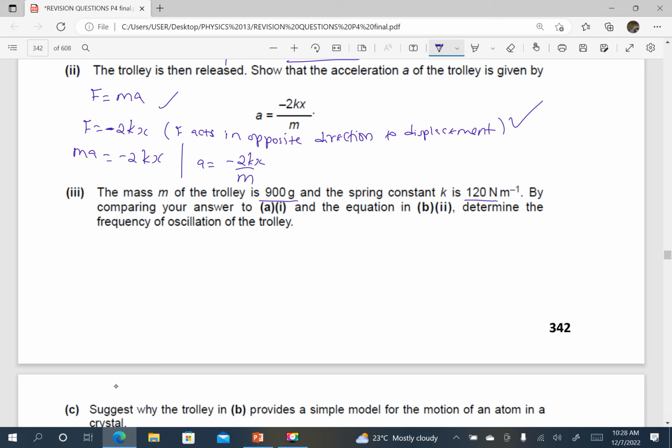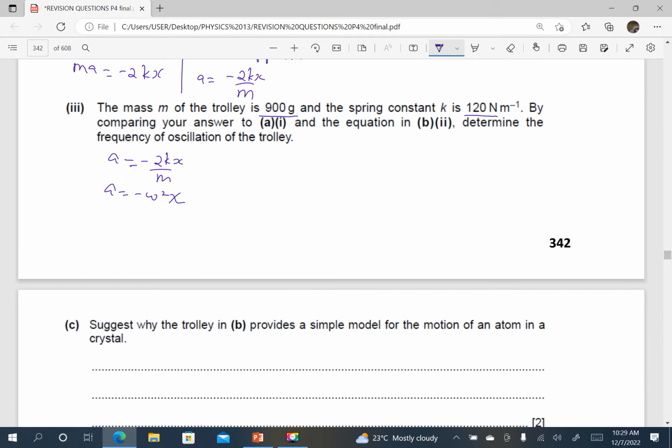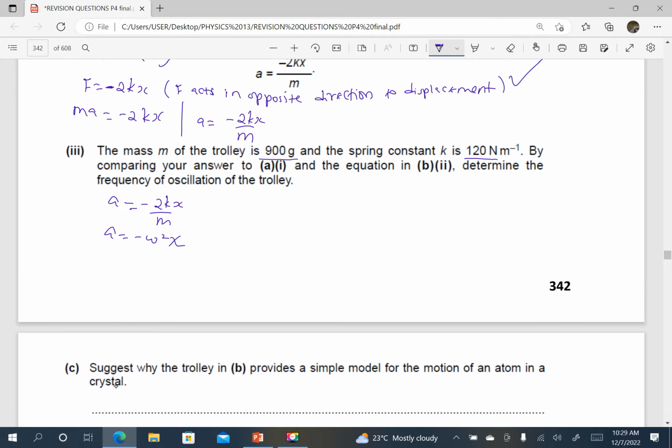So we are just going to compare. So we have that a is equal to negative twice kx over m, compare with a equals negative omega squared x. So you will notice that therefore omega squared is equal to 2k divided by m.